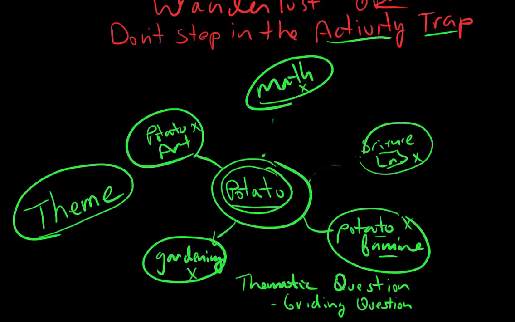It's very common to think of these great activities we can do around the idea of a potato. But without a connection, meaning without a theme, they can't come up with any real good guiding questions. Now it's just random activities again, though they're all a week's worth of activities about the potato. But that's not a thematic unit. It's interdisciplinary to a point, but it's not thematic. So what we end up with is a real thin interdisciplinary unit. It's not real meaningful, actually.